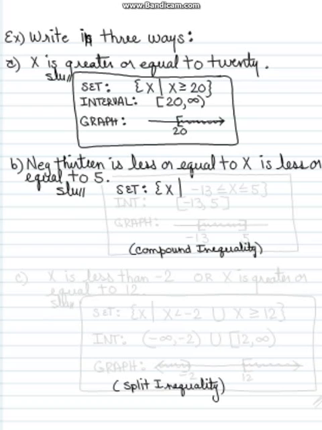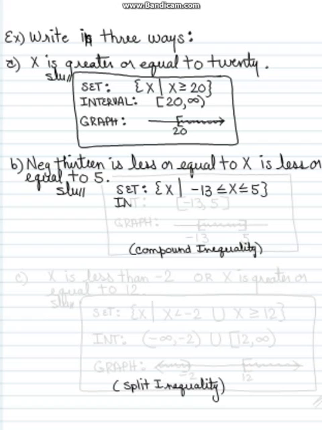The smallest number will be listed first, negative 13, and then they said less than or equal, so write the less than or equal symbol, x, then the less than or equal symbol, 5, and then close your curly set bracket. That says exactly all real numbers x such that negative 13 is less than or equal to x is less than or equal to 5.